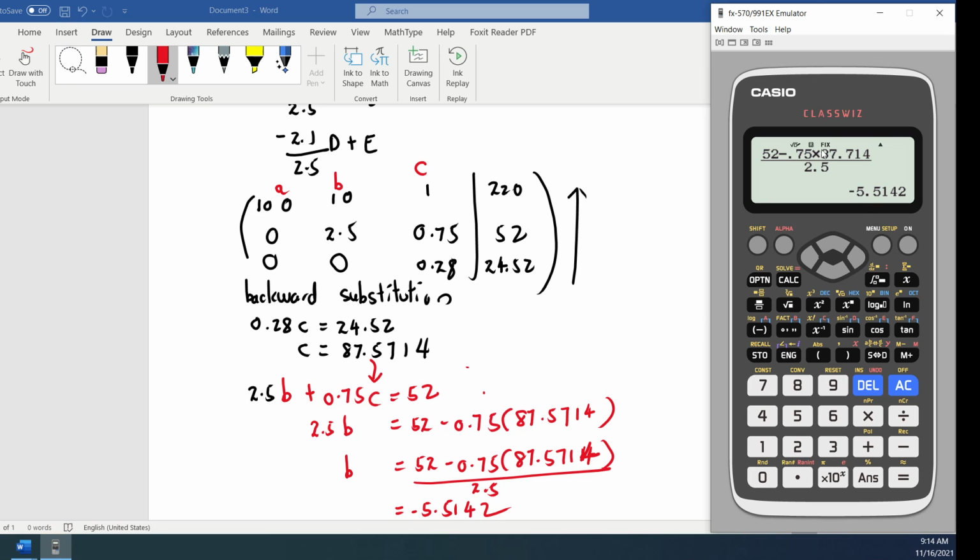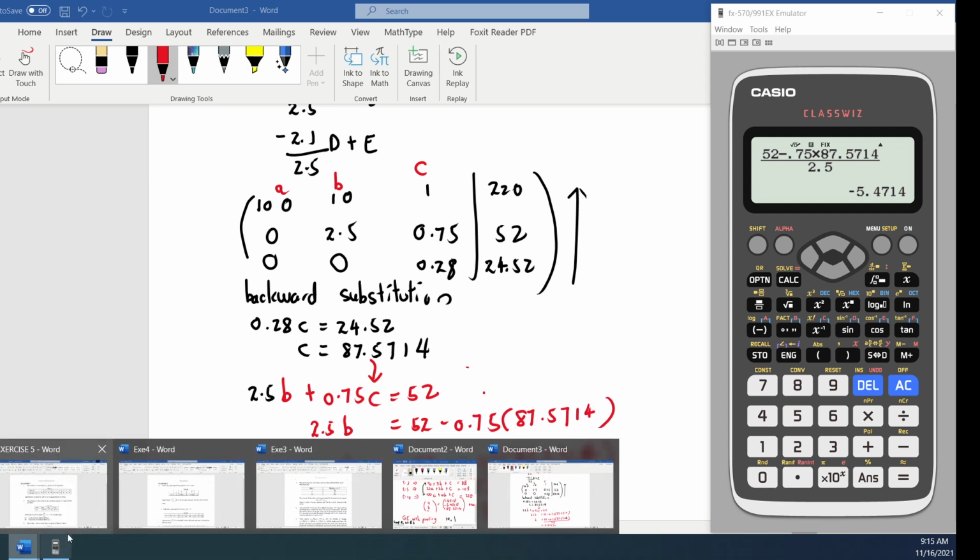Oh, I think I keyed in wrongly. It should be 87.5714, no wonder. And 52, 52.